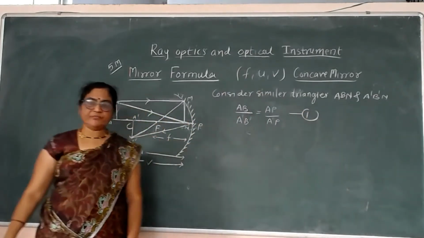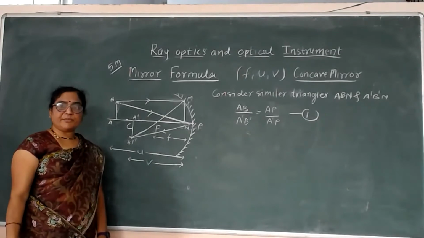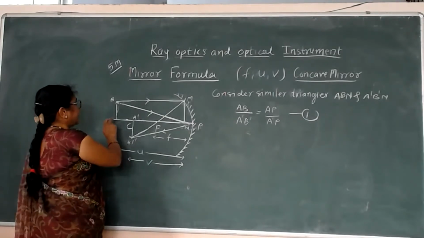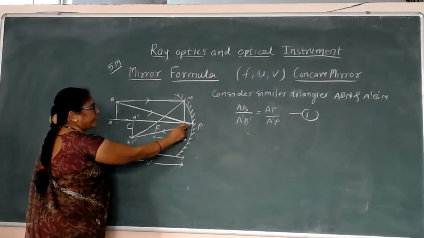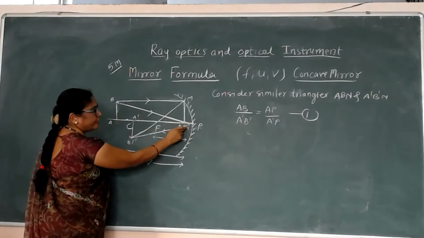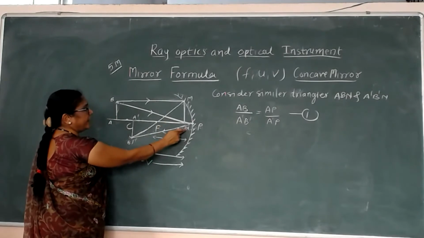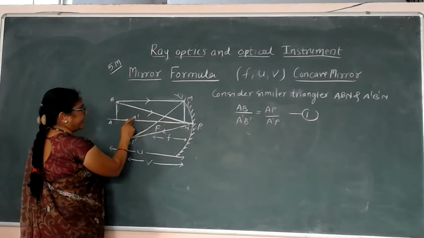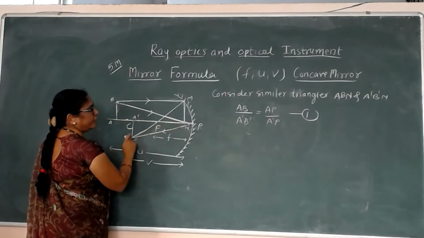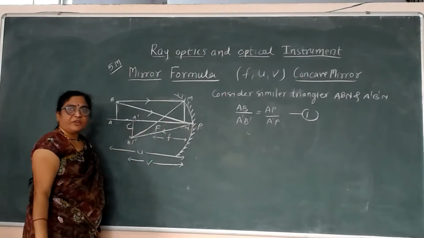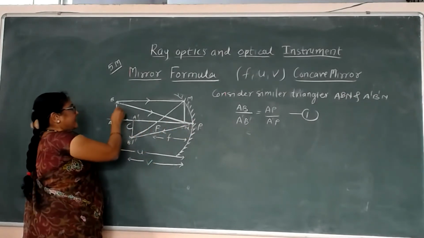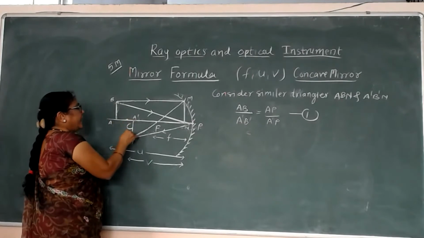See the figure. In this way, consider the similar triangles. Those similar triangles are ABP and ABN, where N is very close to P. The other similar triangle is A dash B dash N, or A dash B dash P. The similar sides are AB and A dash B dash.